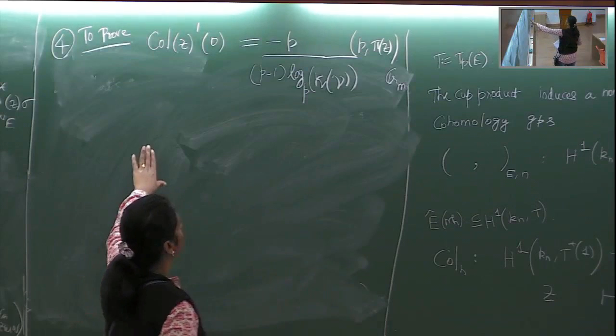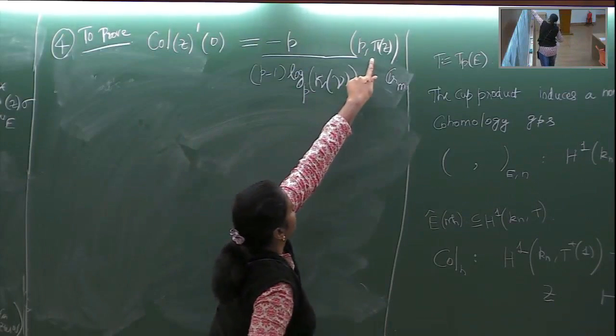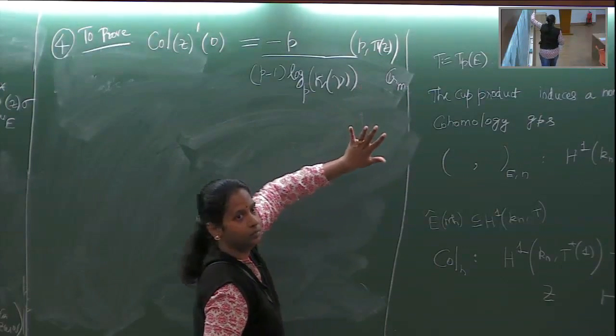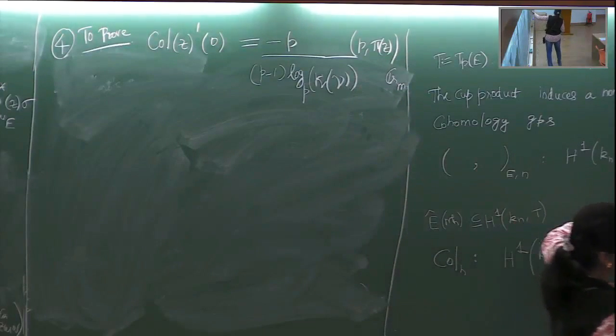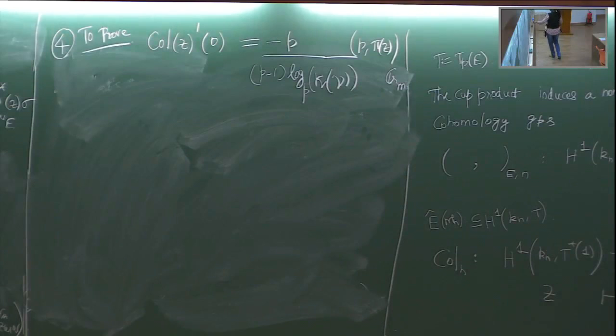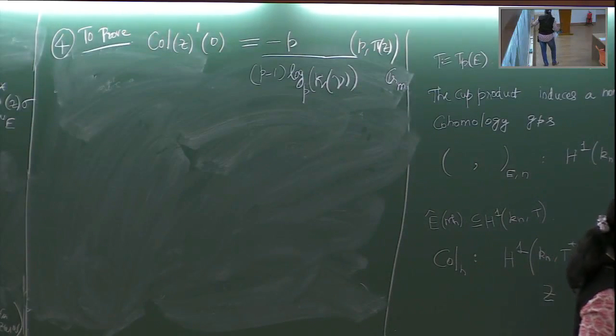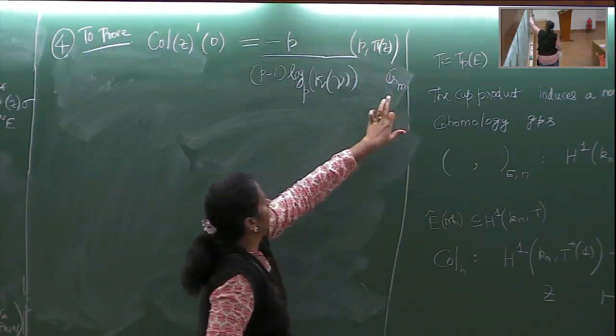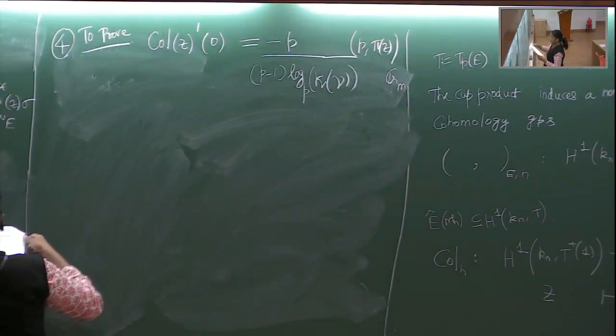In this statement, I will explain what is phi and what is the cup product with respect to G_m. You know what is the cup product with respect to E, that is the definition of the Coleman map. Then I will explain what is this element phi with respect to G_m.